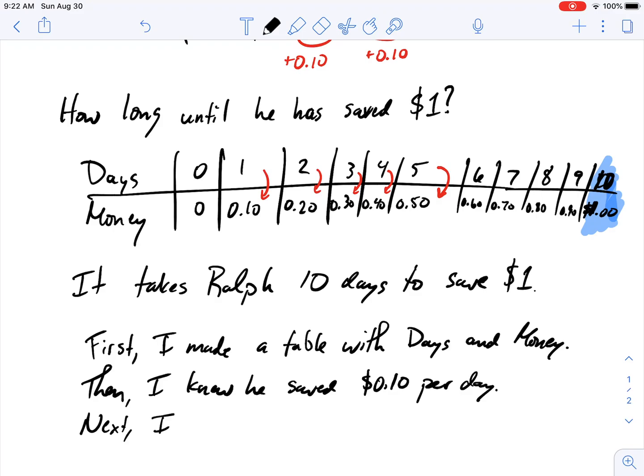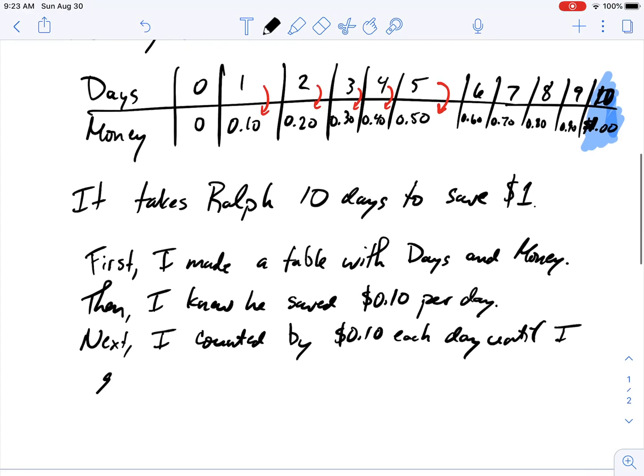Next, I counted by 10 cents each day until I got to $1.